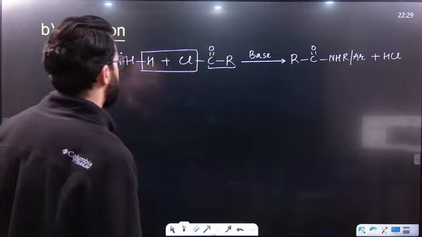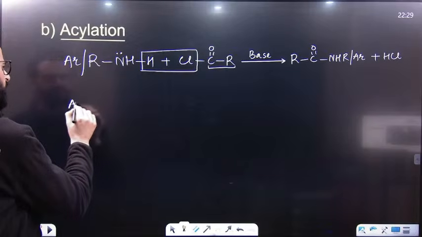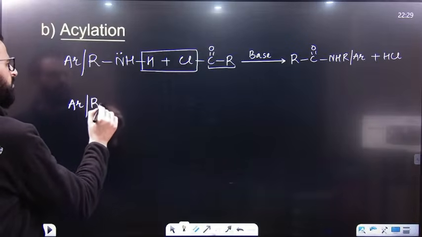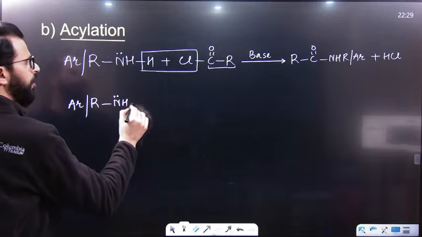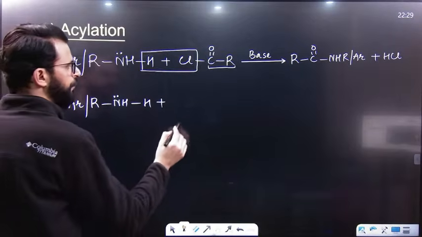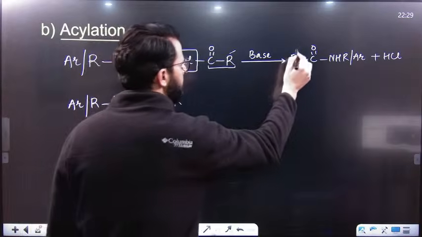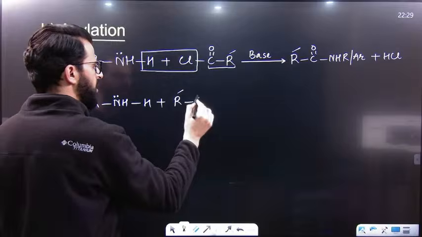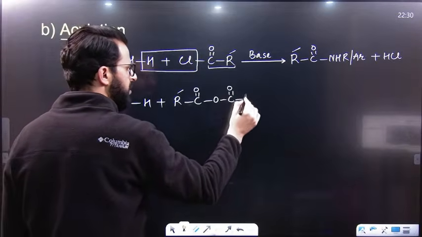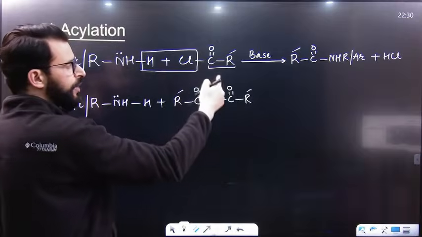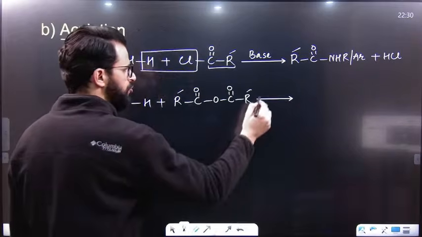Another thing is that this amine can undergo acylation if we treat it with, let us suppose this is R prime, an anhydride. So the acylating agent can be acyl chloride or anhydride. The reaction generally takes place in the presence of a base.